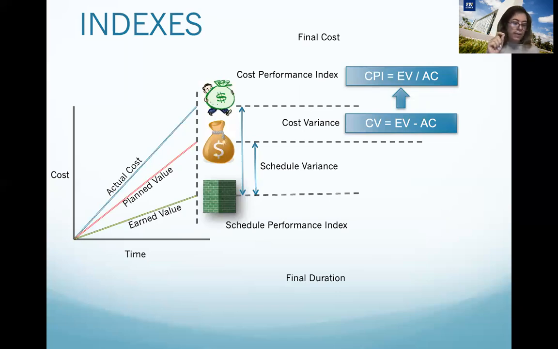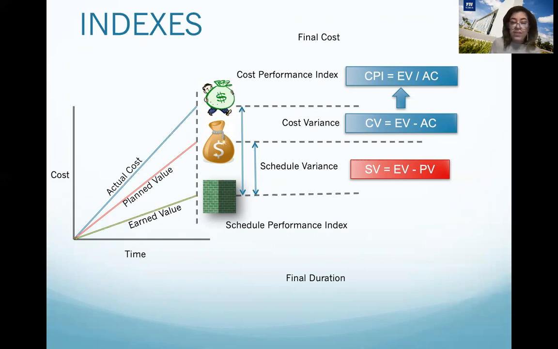That's the CPI. A CPI value less than 1 indicates a cost overrun, which is not good. A CPI value greater than 1 indicates a cost underrun, which is good because you're saving money on the performance to date. And this is the formula. The same way, if you need it for the exam, you can calculate the schedule variance.